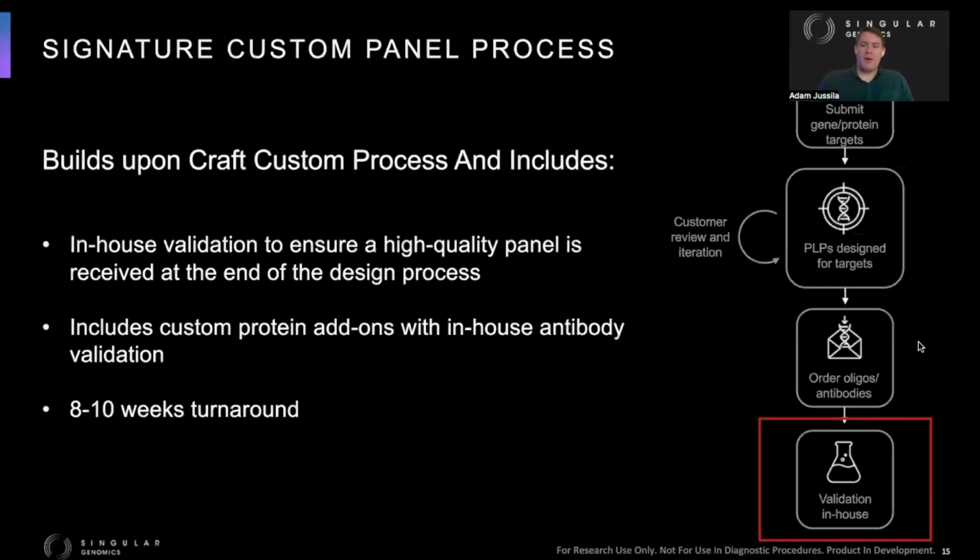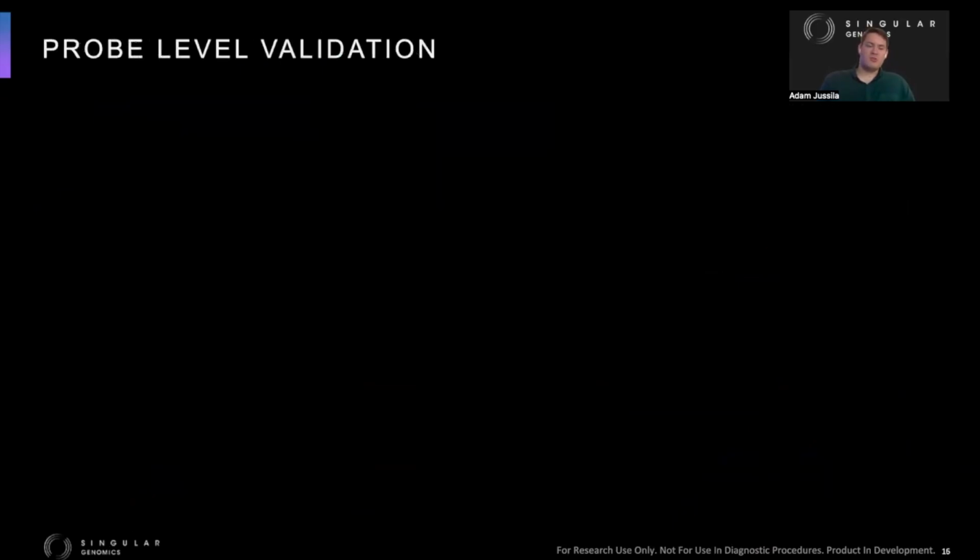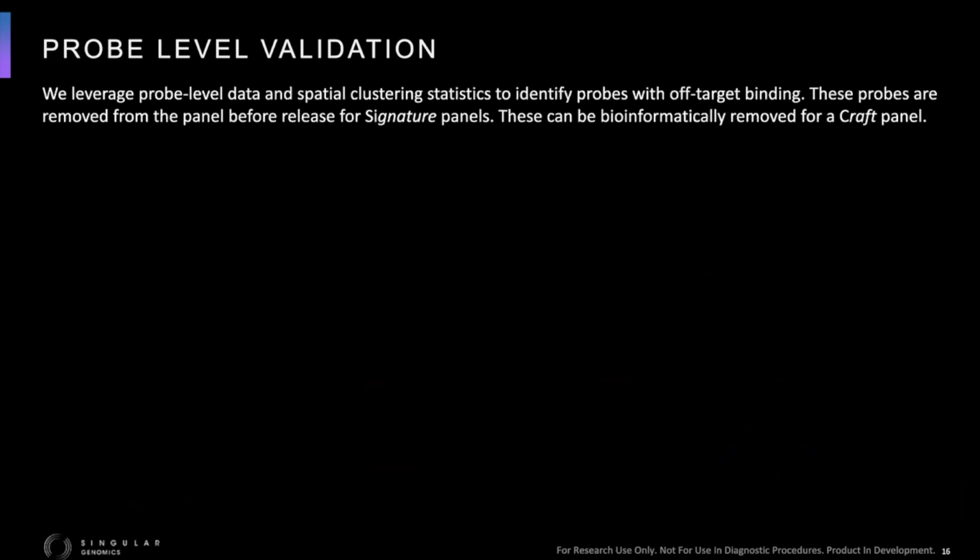Now, as I wrap up, I want to say one final thing. I mentioned that our signature custom panel process has in-house validation. This takes the form of something that we call spatial correlation analysis. This probe level validation allows us to leverage probe level data and spatial clustering statistics to identify probes with off-target binding.